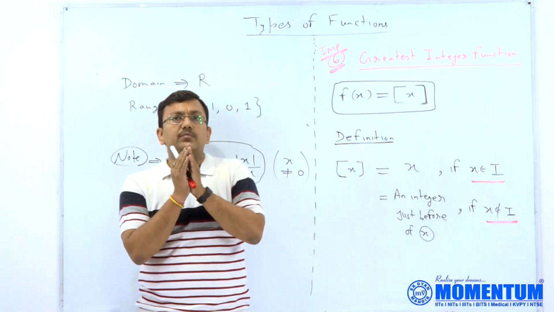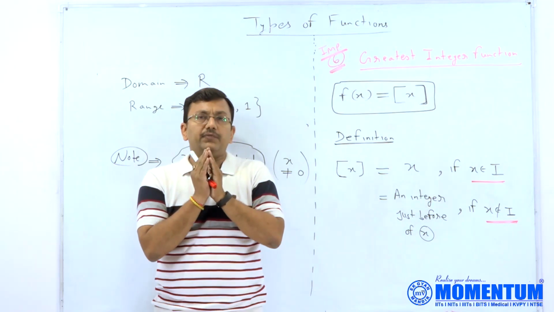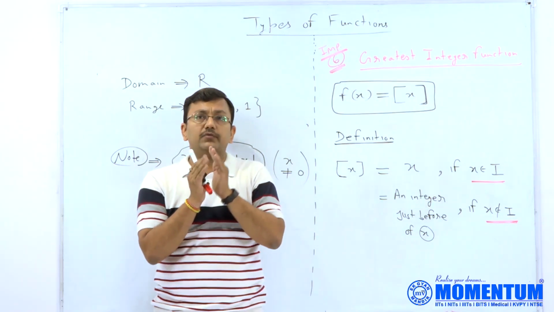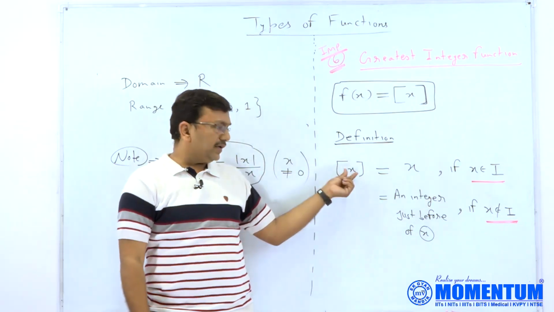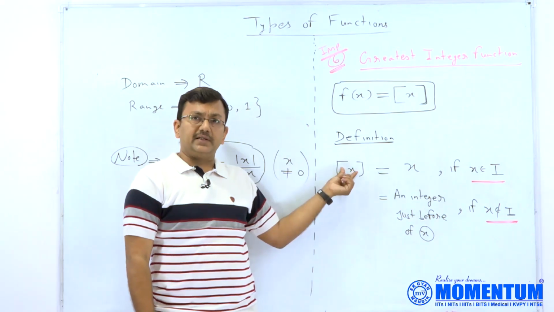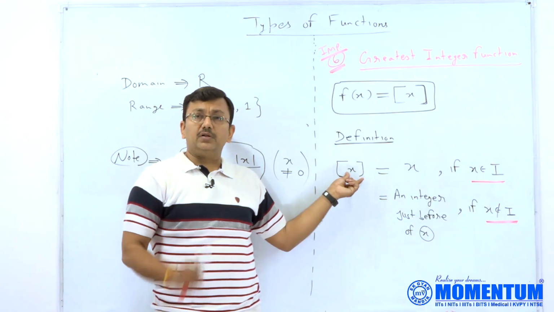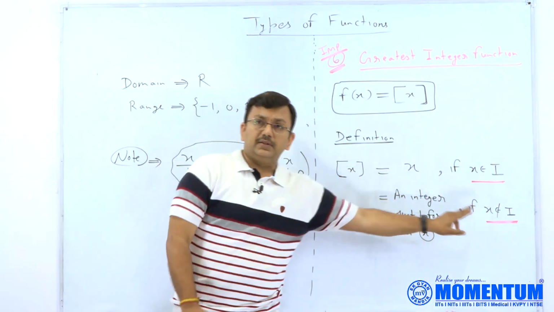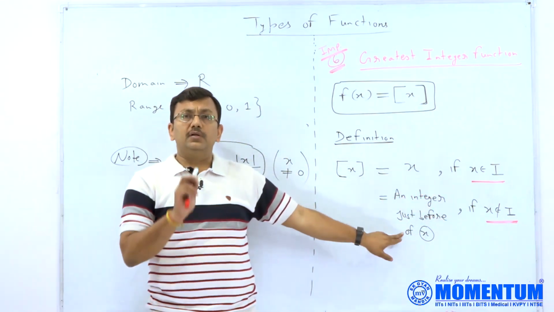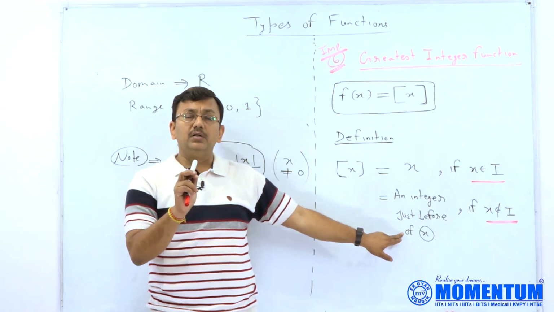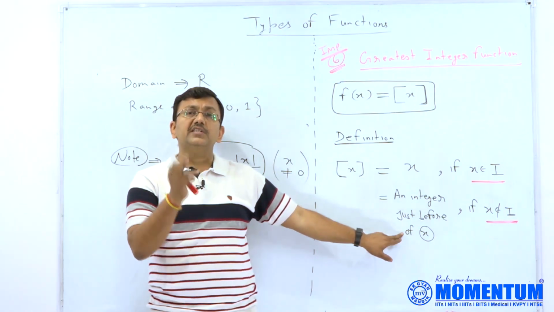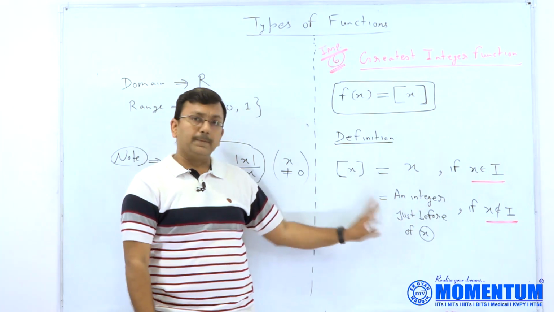If we talk about definition in terms of input and output, अंदर वाला input अगर खुद integer है तो सेम टू सेम बाहर आ जाता है. अंदर वाला input non integer है, then as an output we get integer just before of input.